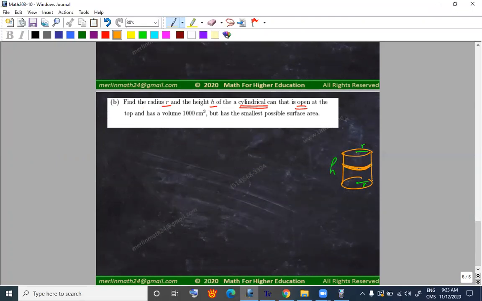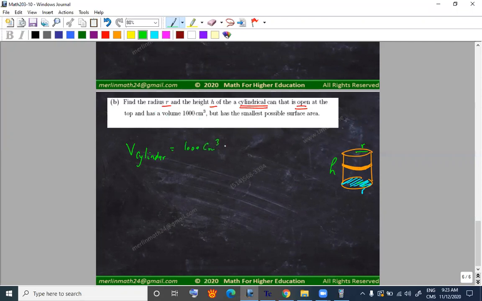Okay. So what is given so far in a can? So this is the base. I can color it this way. R is there. So let us write what is given. The volume of the cylinder is given in units of centimeter cube.